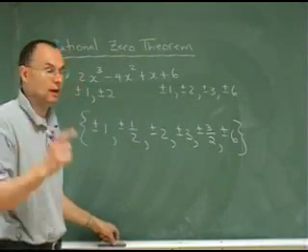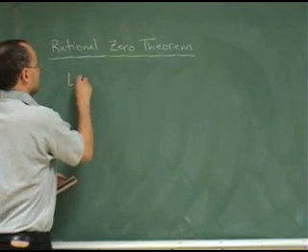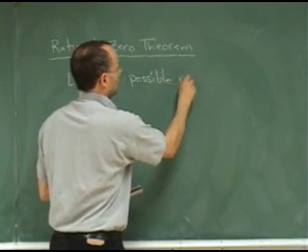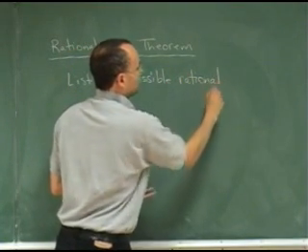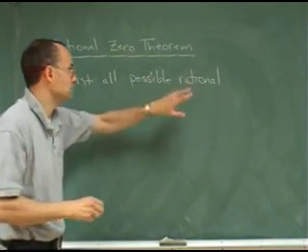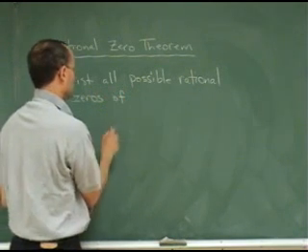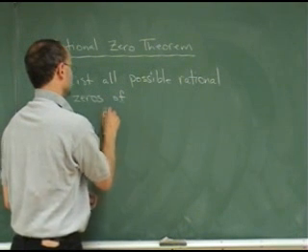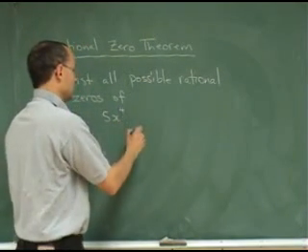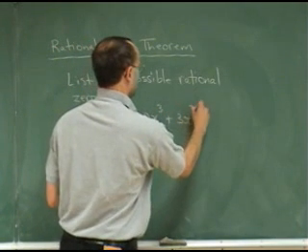Okay, let me just do one last example. If I said list all possible rational, and that's the key word, because that means not just integers, not just nice whole numbers, but possible fractions, rational zeros of, and we'll say we have 5x to the 4th, something really scary, minus 10x cubed plus 3x squared.